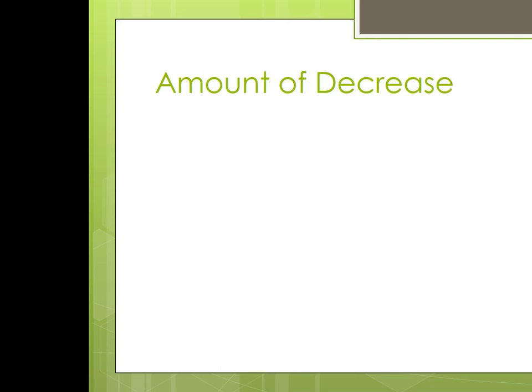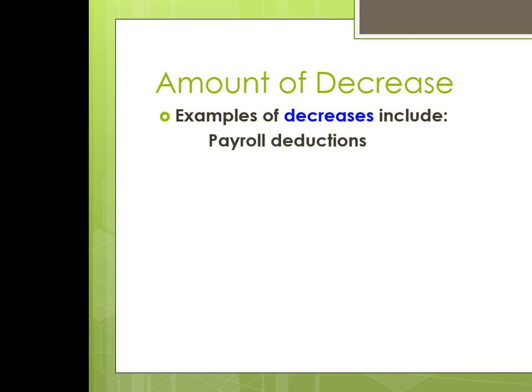Similarly, there's an amount of decrease. So things that decrease in a business setting would be payroll deductions. So on your paycheck, there's your gross income and your net income. Gross income is what you think you're going to be making, and then net income is what you actually make once taxes are deducted and Medicare, Social Security, all that stuff.